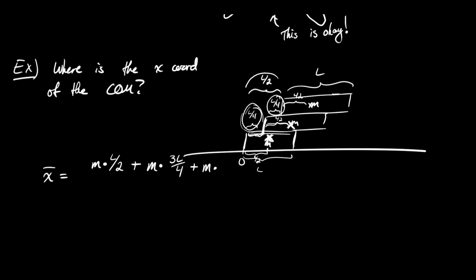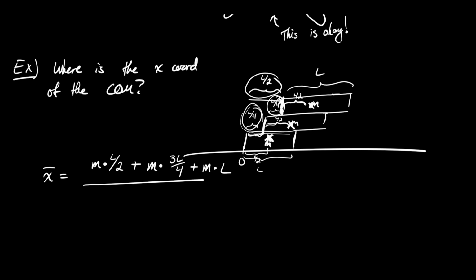So in total, it's L over 2 to get to the start of this brick, and then the x is another L over 2 to the right from that. So in total, it's just L. That's the location of this x.